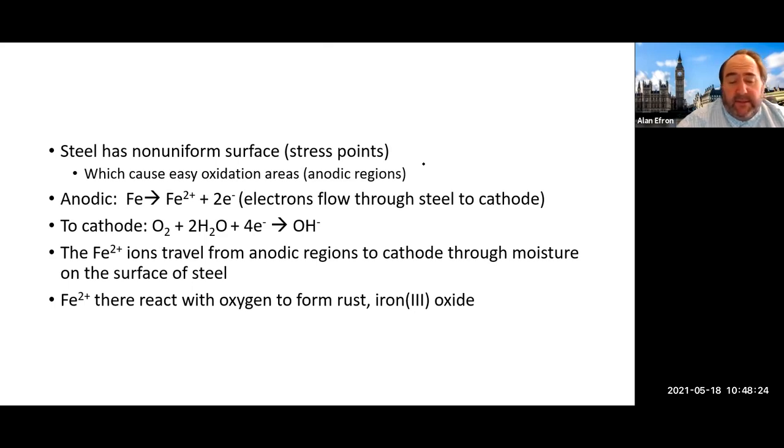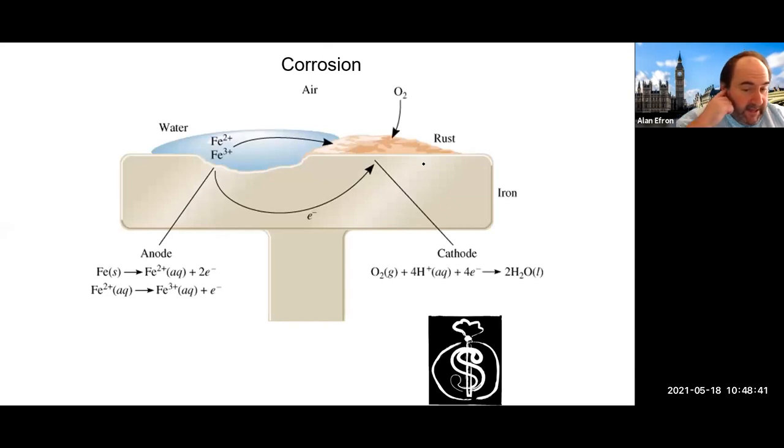And then the iron 2 will go through further oxidation to iron 3 and make rust, which is iron 3 oxide. So iron gets oxidized twice in that process, if you want to think about it. Here's a picture of that. Again, iron getting oxidized to iron 2, sending those electrons over to the oxygen.